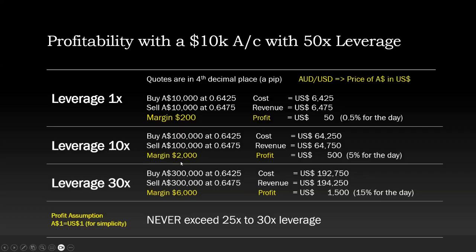So notice now, out of your $10,000 account, you've blocked 20% of that account away. It's not available for you if you want to take additional positions. In that case, your profit also goes up 10 times. And so this one simple trade ended up making you 5% for the day. Right?